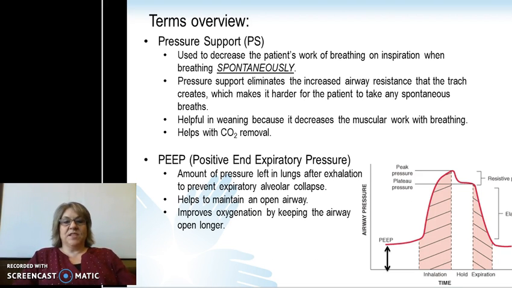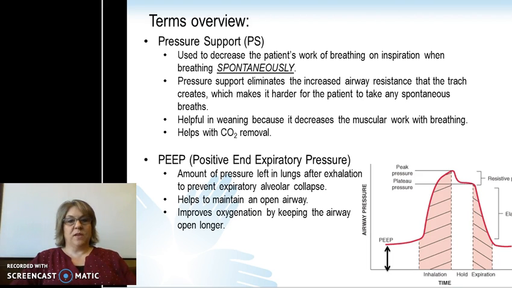Pressure support is used to decrease the patient's work of breathing on inspiration when breathing spontaneously. You will not have a pressure support setting if the patient cannot take breaths completely on their own, even if it's just a tiny breath every now and then. Pressure support eliminates the increased airway resistance that the trach creates, which makes it harder for the patient to take any spontaneous breaths.